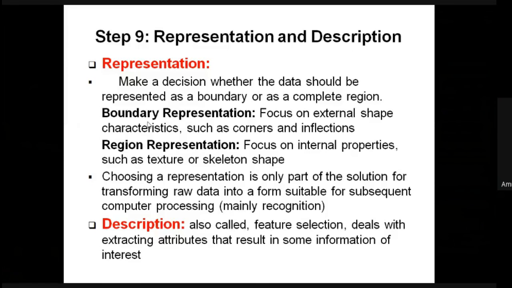So, choosing a representation is only part of the solution for transforming raw data into a form suitable for subsequent computer processing. Next comes description. This is called feature selection, which deals with extracting attributes that result in some information of interest.